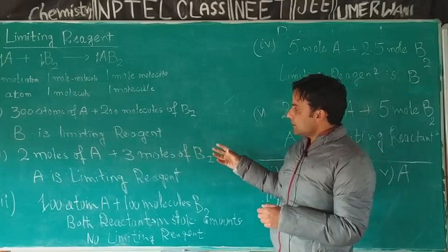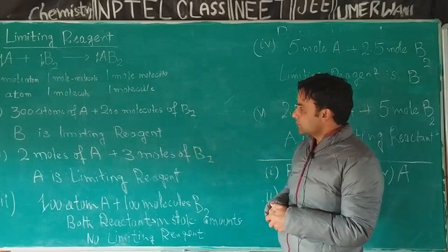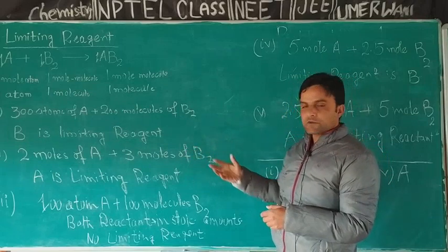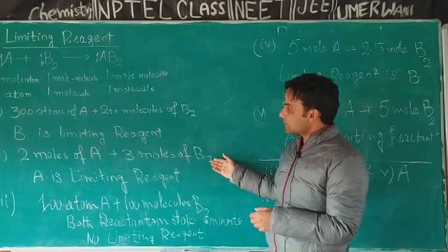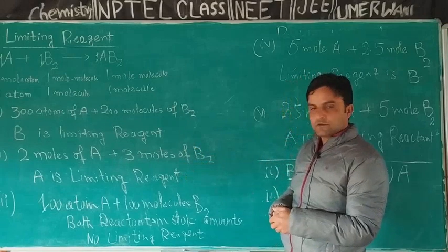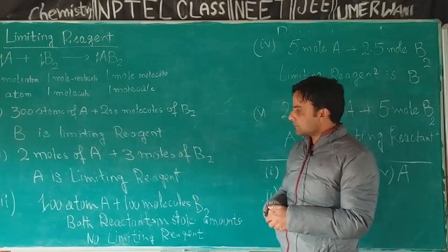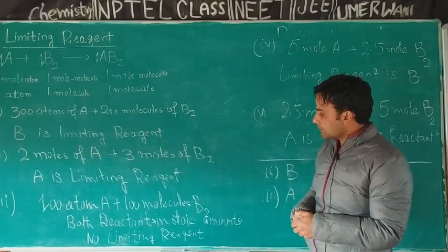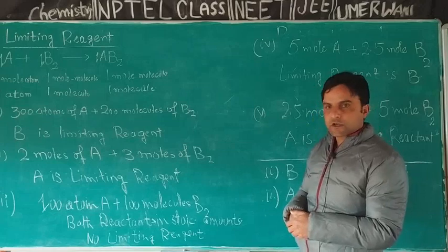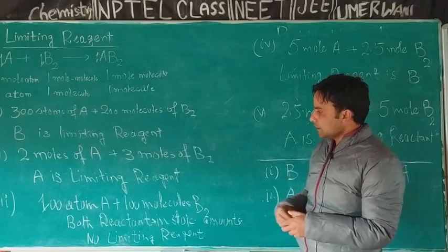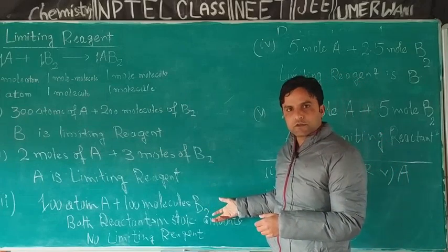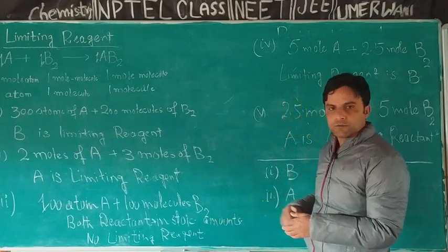For 2 moles of A we should have 2 moles of B2, but we have 3 moles of B2, which is greater than 2. Therefore, B is the excess reactant and A is the limiting reactant. In part third, we start with 100 atoms of A and 100 molecules of B2, which is the demanded ratio 1:1. Here both A and B2 are present in their stoichiometric amounts, so no limiting reagent is present.